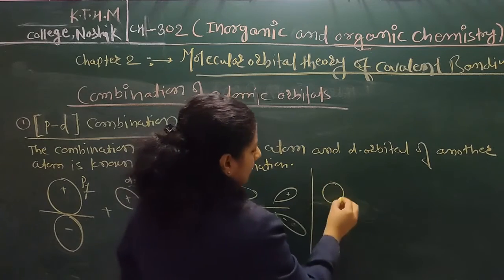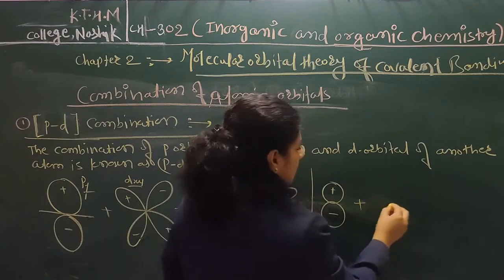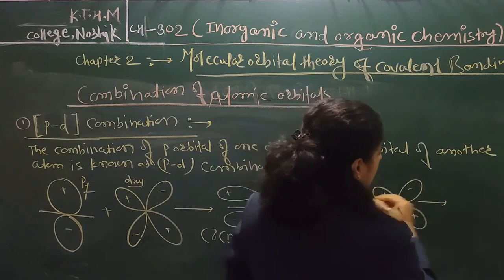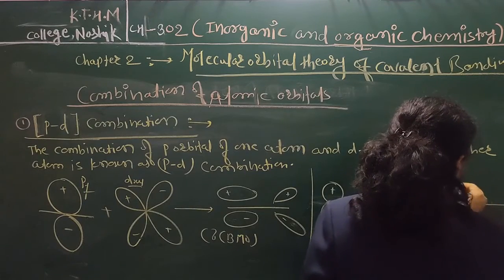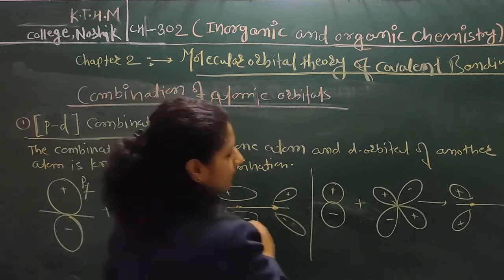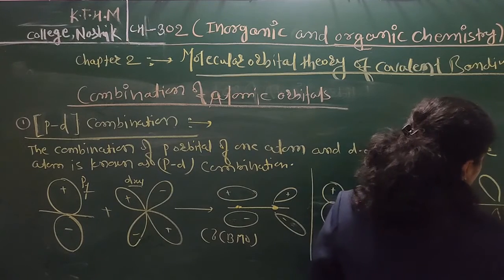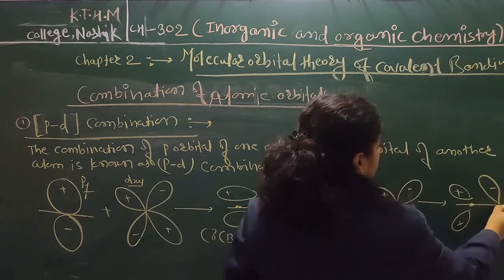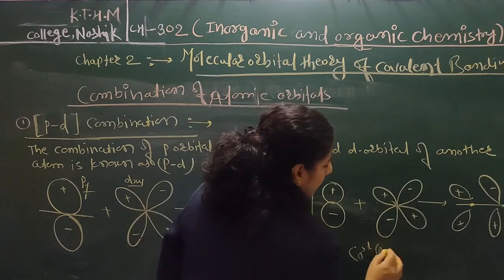You can write the antibonding one, so this is a sigma star antibonding molecular orbital.